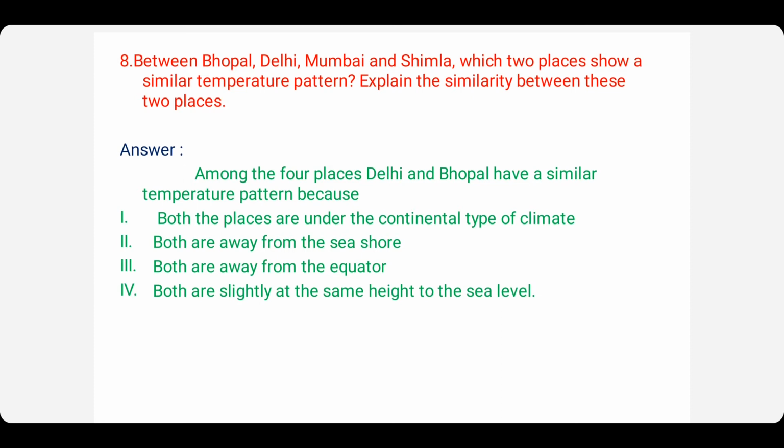Both are away from the seashore. Both are away from the equator. Both are at slightly the same height to the sea level. So these are the reasons why the temperature might be similar in these 2 areas among the 4 areas.